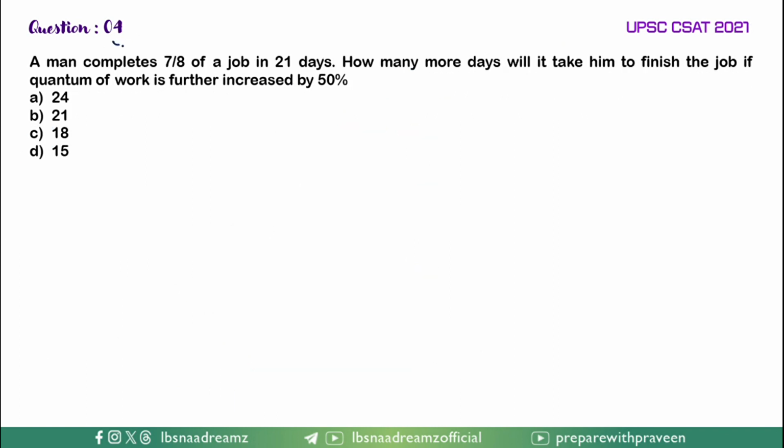Question 4. A man completes 7 by 8 of a job in 21 days. How many more days will it take him to finish the job if the quantum of work is further increased by 50%? So quantum is nothing but efficiency or productivity, right?